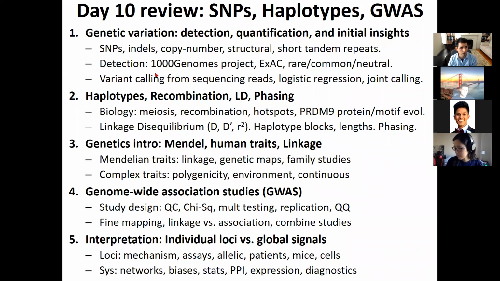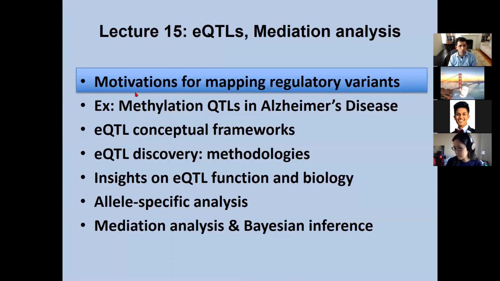So that was the review. And now what we're focusing on today is the molecular traits, and specifically expression quantitative trait loci and mediation analysis. So first of all, what is the reason for understanding that circuitry of the non-coding loci and understanding their intermediate phenotypes? And then looking at some examples of both expression quantitative trait loci as well as methylation quantitative trait loci.